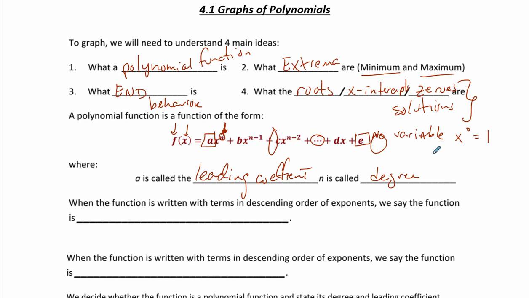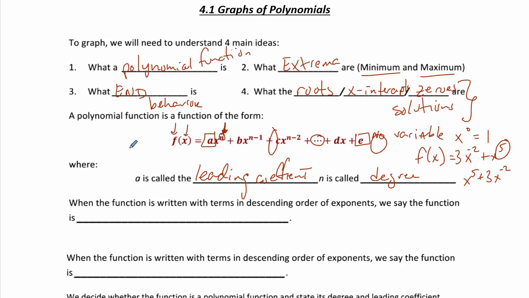Here's an example of what I'm talking about. If I have f of x equals 3x to the negative 2 power plus x to the 5th power, you would see that this 5 is actually the biggest one. So we would change this and say x to the 5 plus 3x to the negative 2.